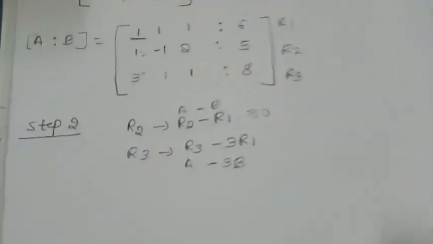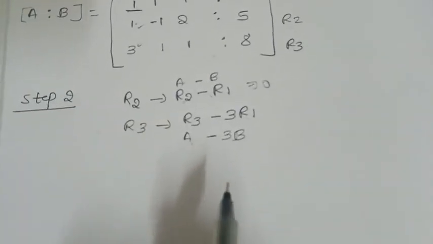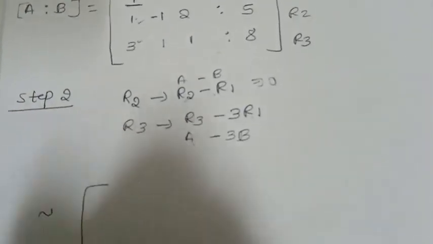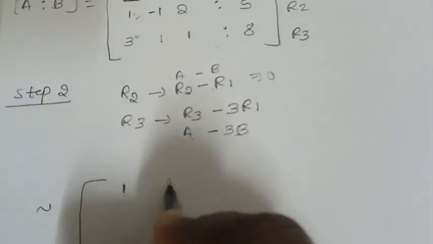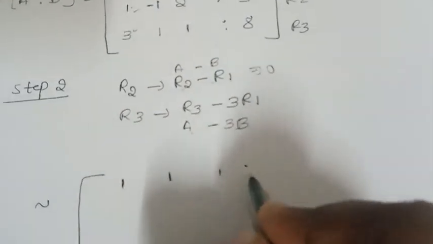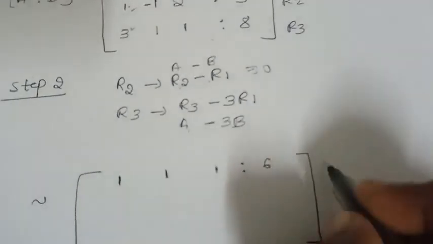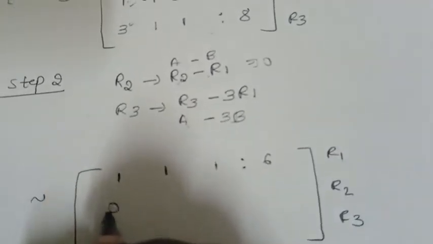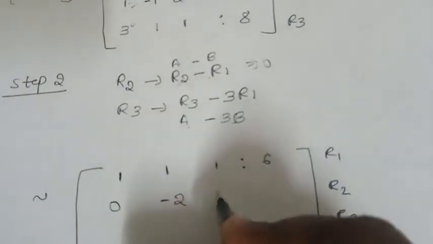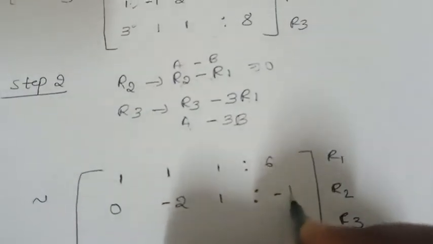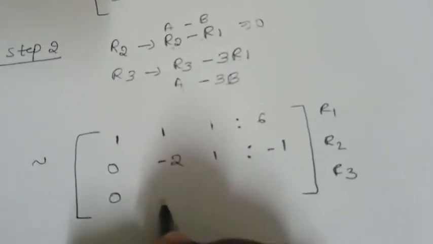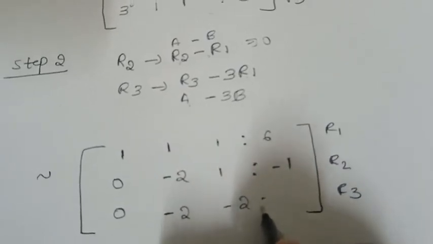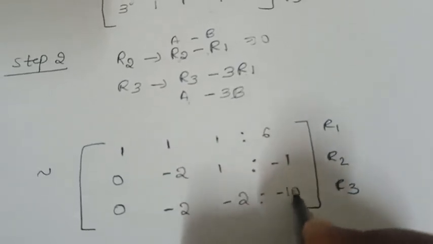Okay, so after applying these row operations we will get 1 1 1, R1 will be the same as it is, R2 and R3 will be changed. So R2 as 0, minus 2, 1 and minus 1. R3: 0, minus 2, minus 2, then minus 10.